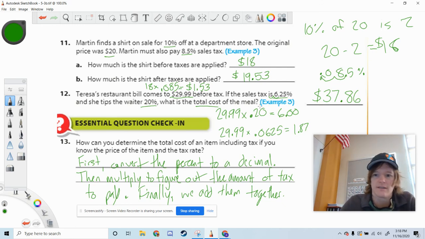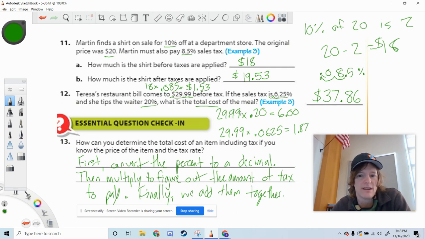And by the way, the way I did these was probably the two-step way. So like part B on number 11, we could have done 18 times 1.085. For number 12, we could have done 29, no, actually that doesn't work if we have two different things we need to add to that tax. But I didn't do 100% plus 8.5%.